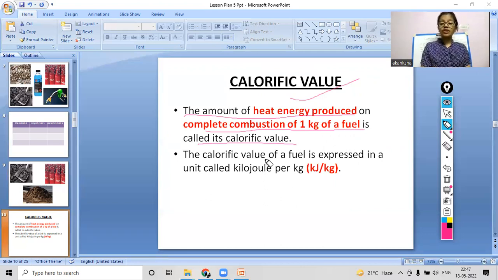And the calorific value of a fuel is expressed in a unit called kilojoule per kg. So what is the unit? It is kilojoule per kg. So yes, these were the two important points that you have to learn about calorific value and how we are measuring the efficiency of fuel with the help of this calorific value.